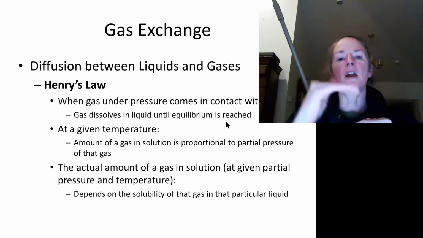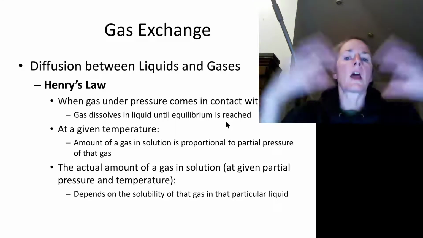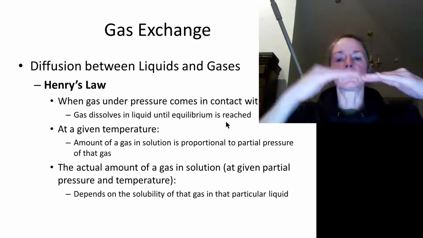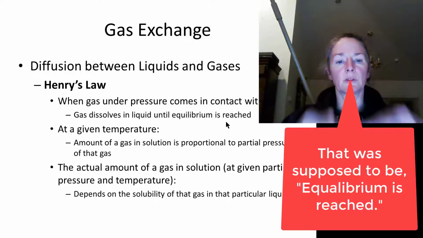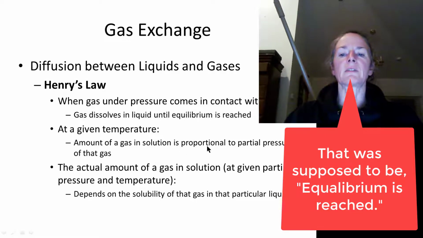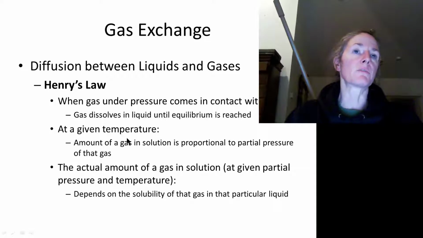And we find that under higher pressures, much more gas will be dissolved in the liquid. And then at lower pressures, a lot of that will be released until once again this equilibrium is reached. We also find that the amount of gas in the solution is going to be proportional to the partial pressure of that gas, but that's going to change at different temperatures.